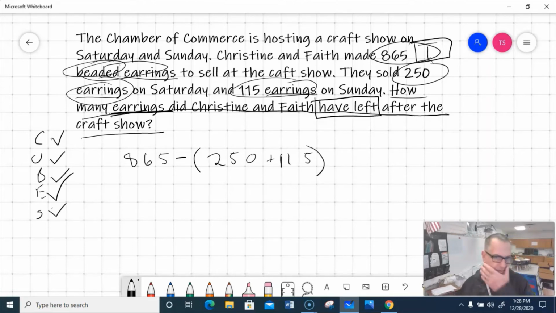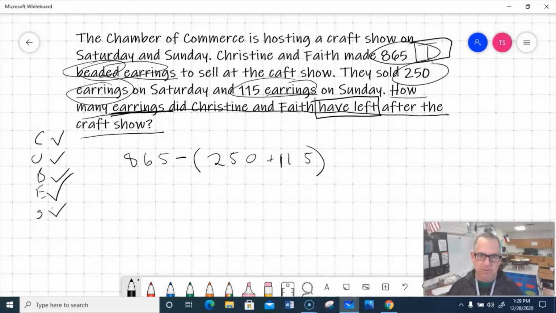And that'll tell us how many they have left. So I can break this apart. This is kind of what I'm thinking on this problem. I'm going to take 250 and 115 away from 865.